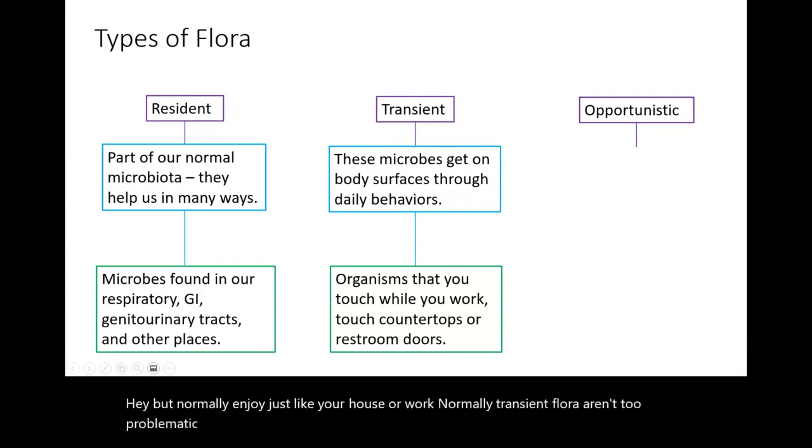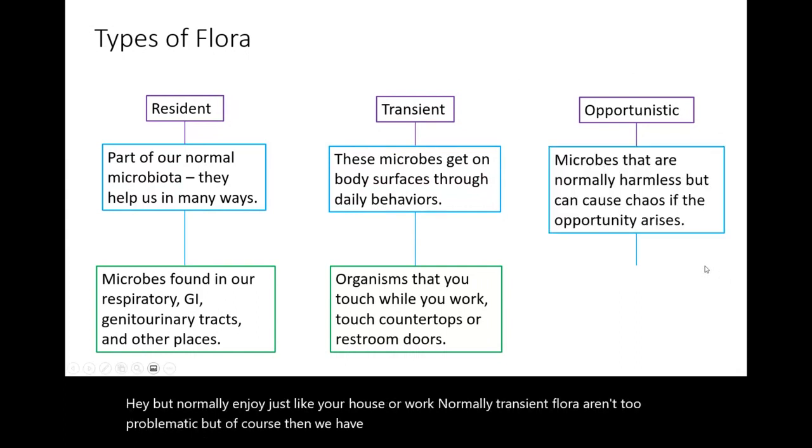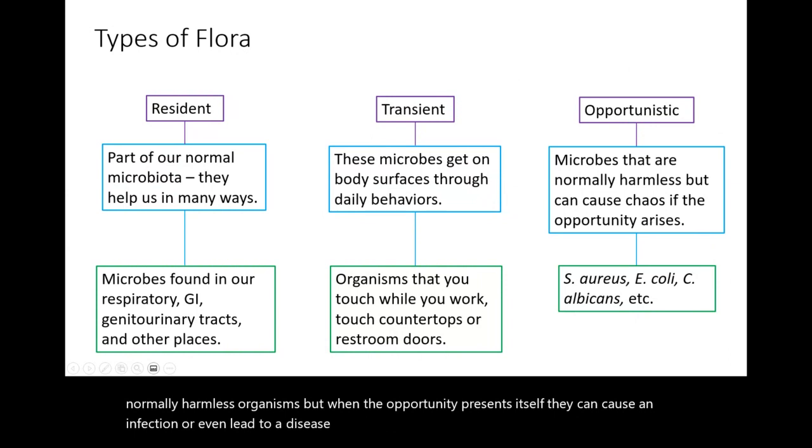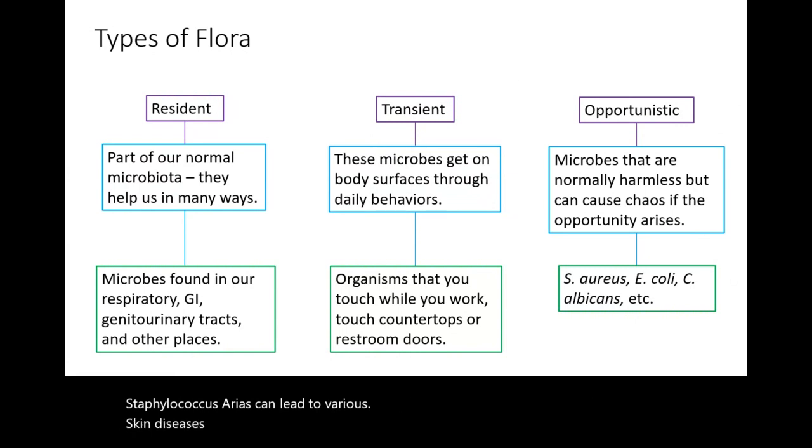But of course, then we have our opportunistic pathogens. Again, these are normally harmless organisms, but when the opportunity presents itself, they can cause an infection or even lead to a diseased state. Some common ones that are in your notes: Staphylococcus aureus can lead to various skin diseases and respiratory diseases.